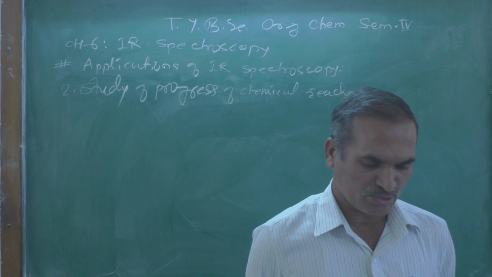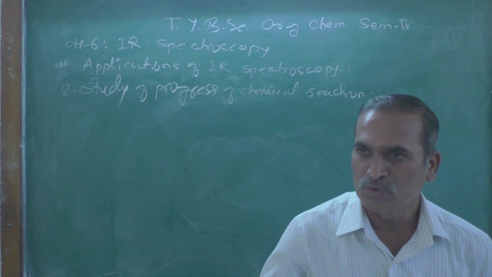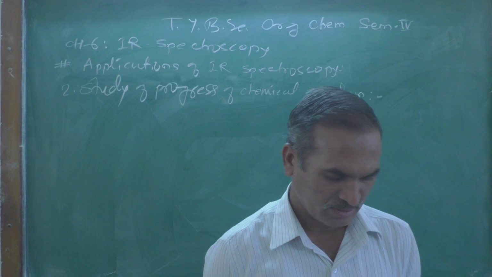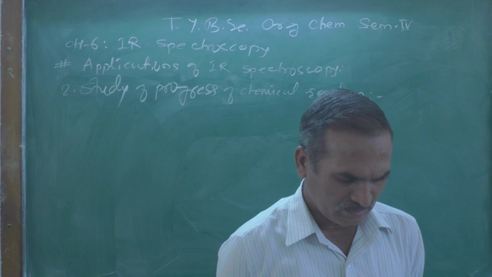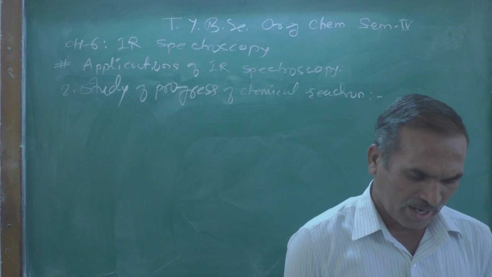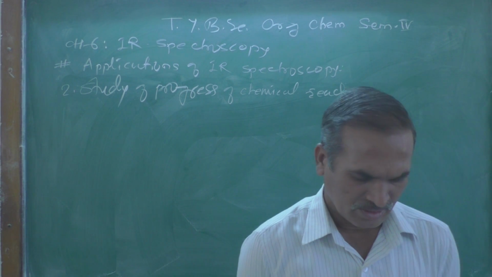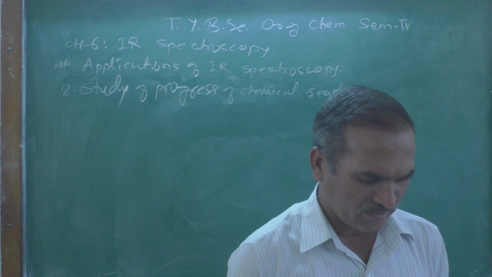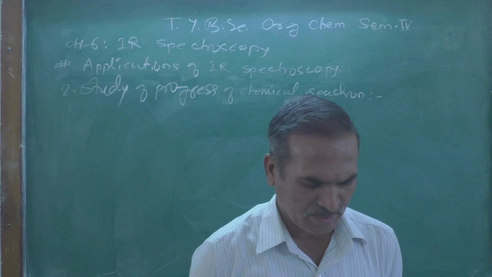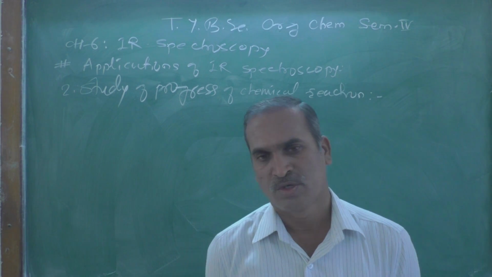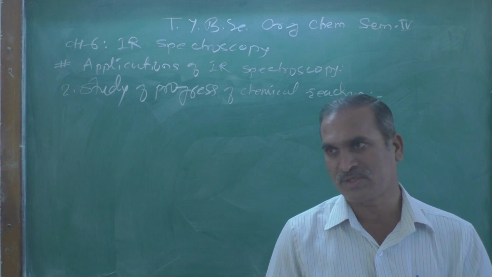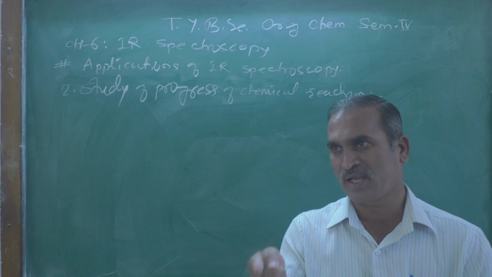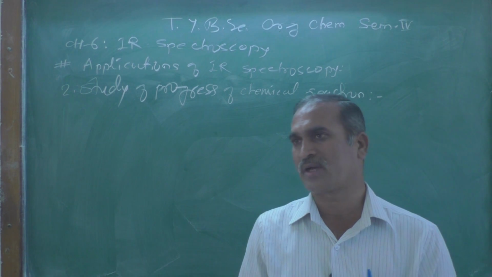Means IR spectroscopy is often used to follow the progress of a chemical reaction, and the study of the kinetics of various chemical reactions. To follow the chemical reaction, and another one, to study the kinetics of chemical reactions.